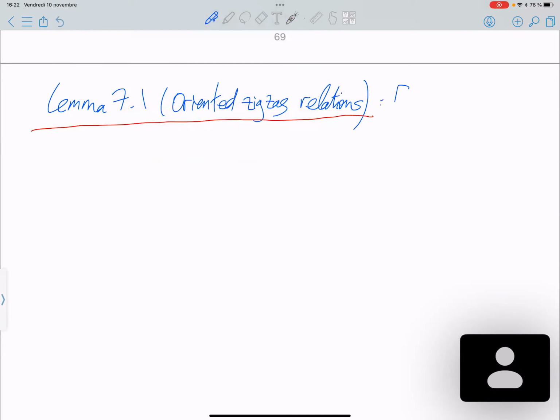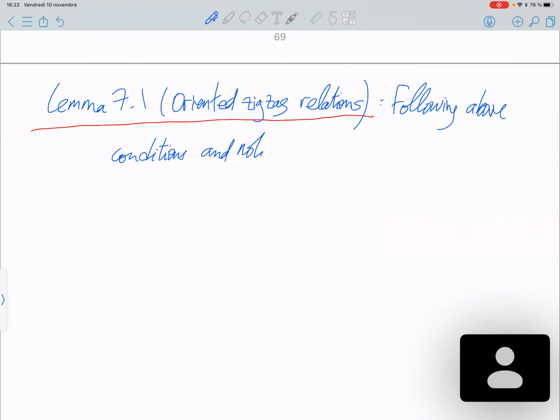So following the above notation and condition, I will write this sentence for most of the coming results.